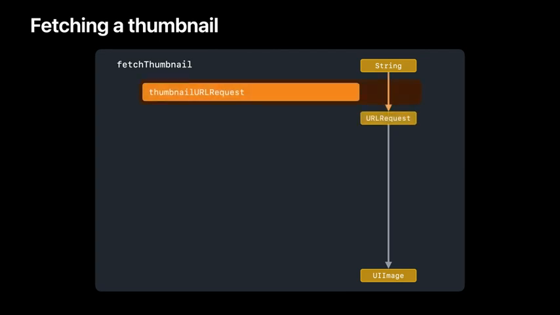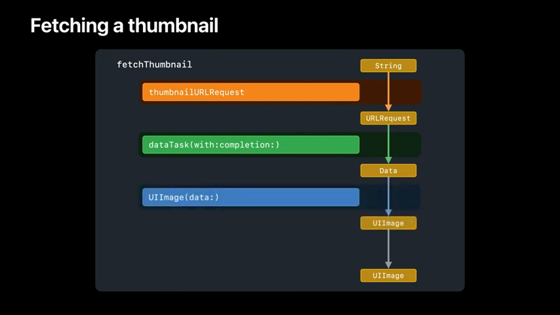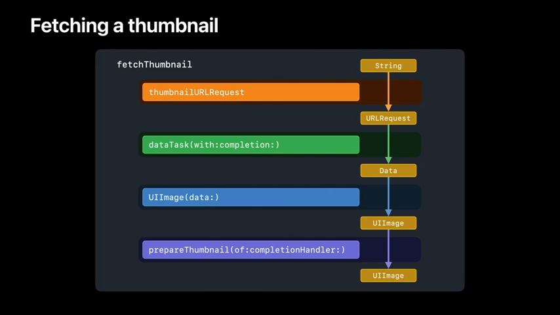First, the viewModel's thumbnailURLRequest method creates a URL request from the string. Next, URLSession's dataTask method gets the data for that request. Then UIImage's init(data:) creates an image from that data, and finally, UIImage's prepareThumbnail method renders a thumbnail from the original image. Each of these operations depends on the previous one's result. That means they must be performed in sequence.